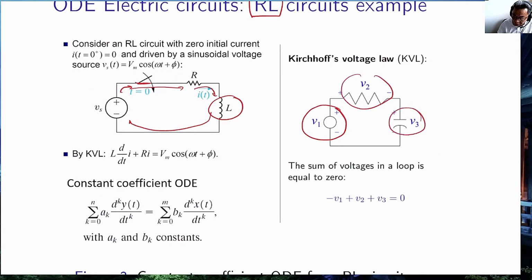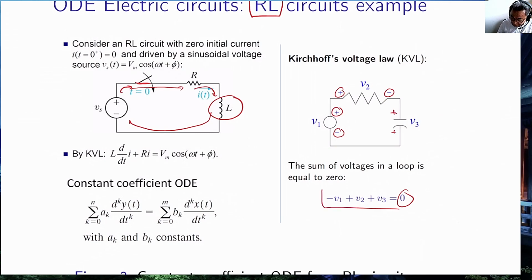Or maybe what we can say is that the voltage drop across the whole circuit is equal to 0. Now you can review the idea. You will see this polarity here. This is plus and minus, so the voltage is plus and minus on the other side, and plus and minus on the other side.